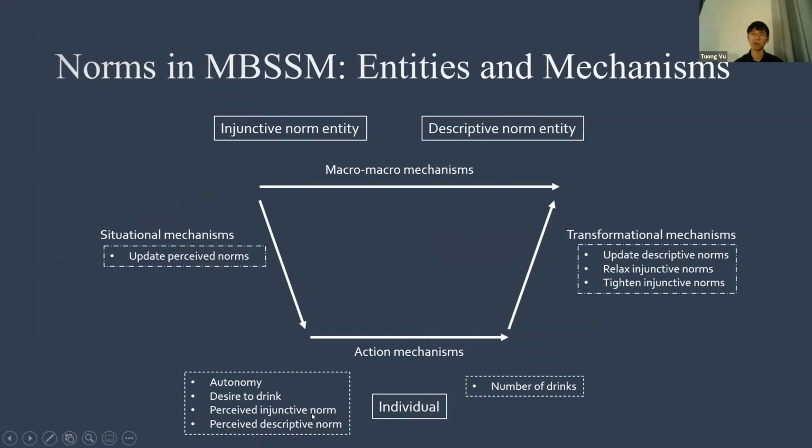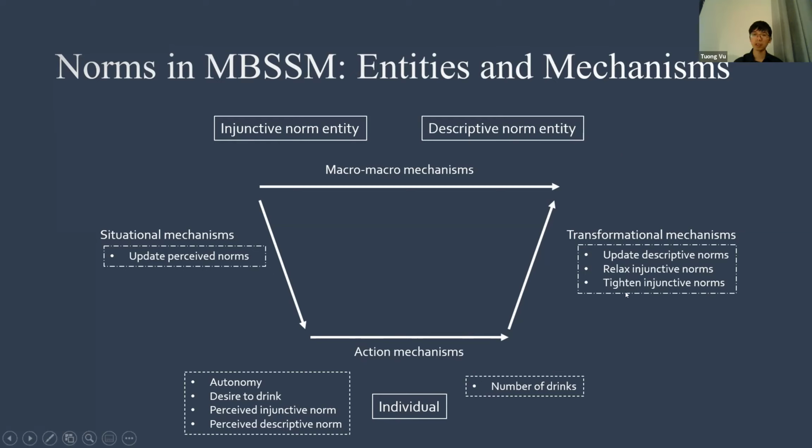For example, for me, people of the same sex and age group will have more influence on me than people who are much older or of a different sex. And from that, we have action mechanisms. The transformational mechanism already explains how individual behavior will change the norm over time.